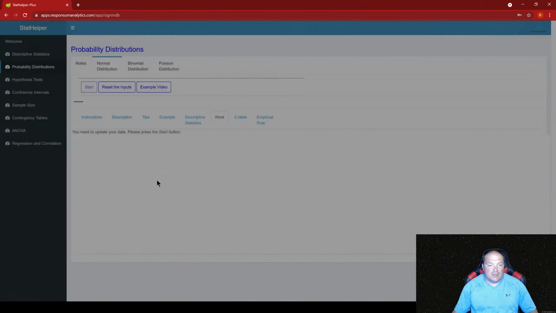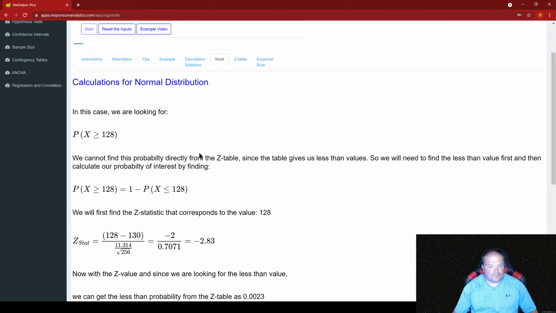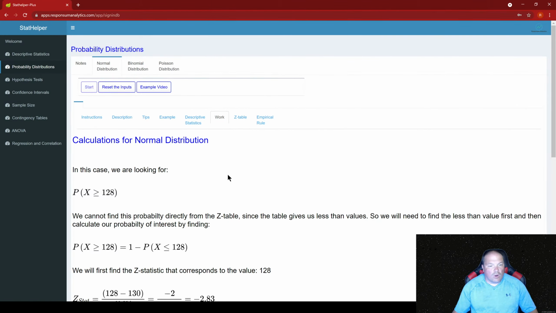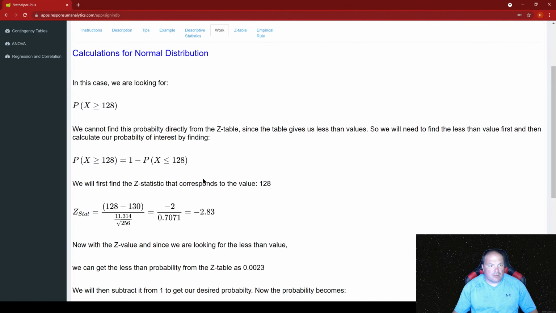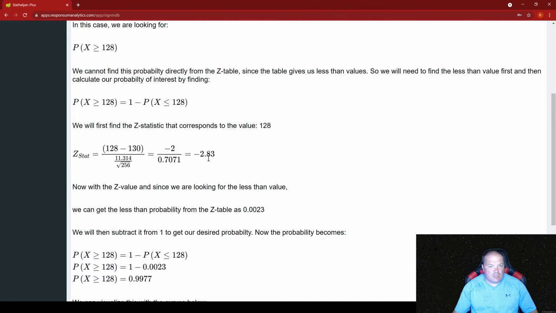Okay, we should be able to run this, and what we end up with is we're looking for greater than 128, so we're going to have 1 minus less than 128. Calculate that z statistic, and you end up with negative 2.83.